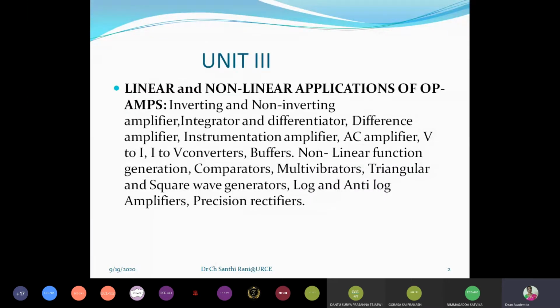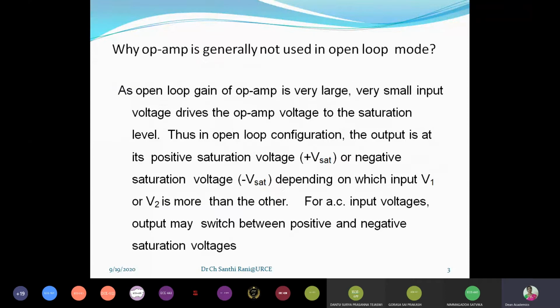We have seen op-amp used as inverting and non-inverting amplifier, then integrator, differentiator, difference amplifier, and instrumentation amplifier. I have given a lot of introduction, right? So I will show these slides just to recollect and recap, and after that today we are going to learn a few more new things, right?